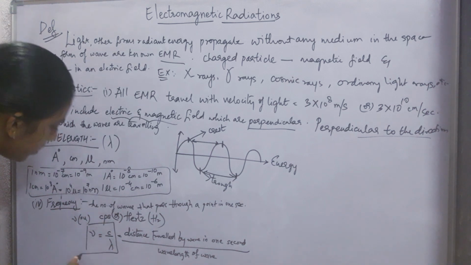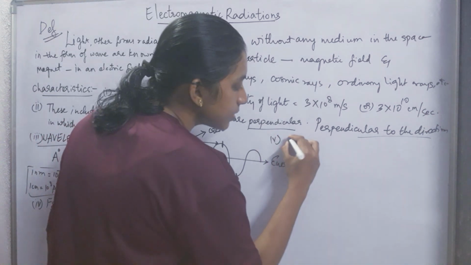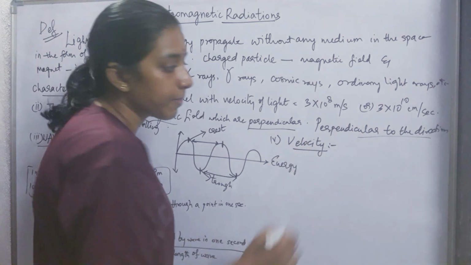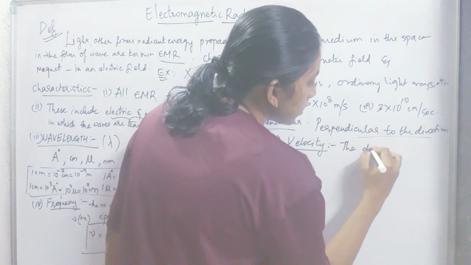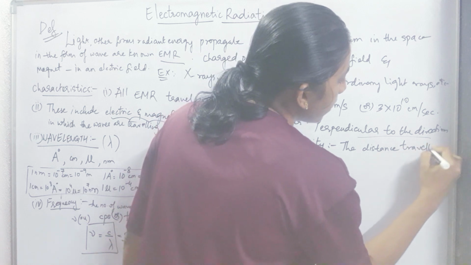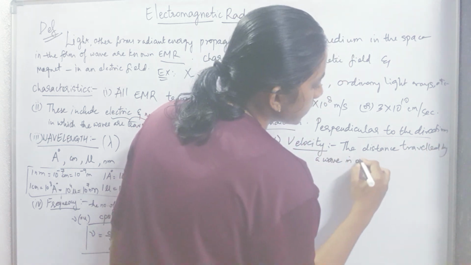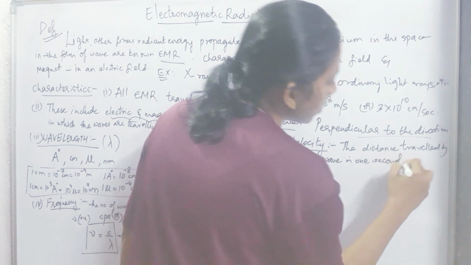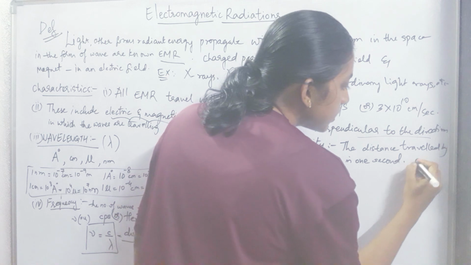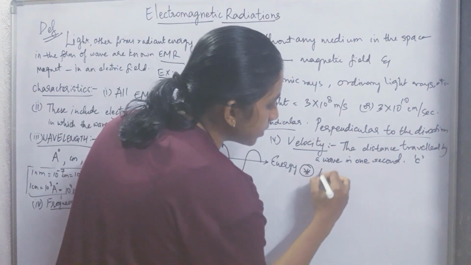Okay, now we will be learning about the fifth characteristic of a wave, which is velocity. What is velocity? The distance traveled by a wave in 1 second is called velocity. It is denoted by c. Okay, there is one important point here.